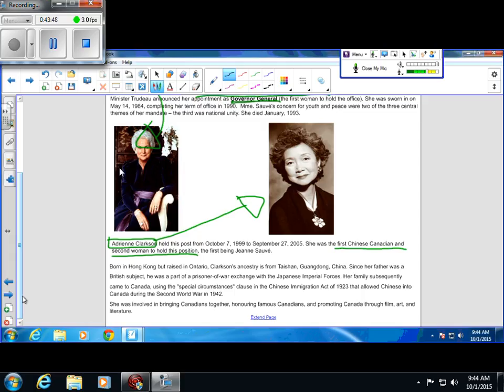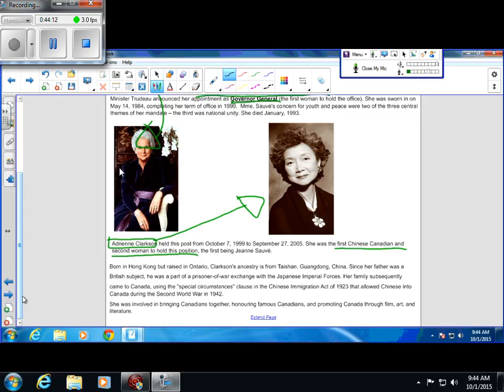So Jeanne Sauvé was the first, and Adrienne Clarkson was the second. She was the first person of a visible minority to become the Governor General.